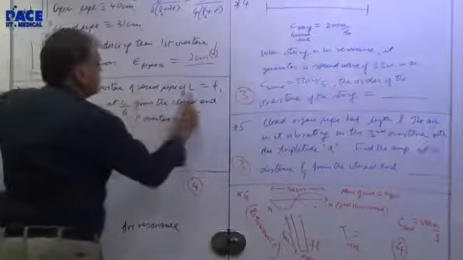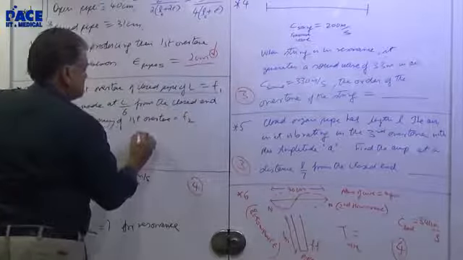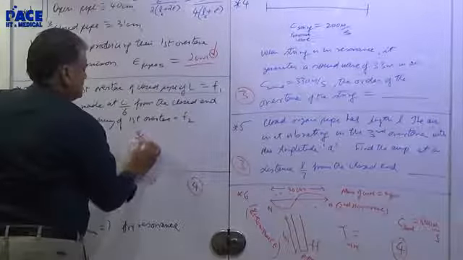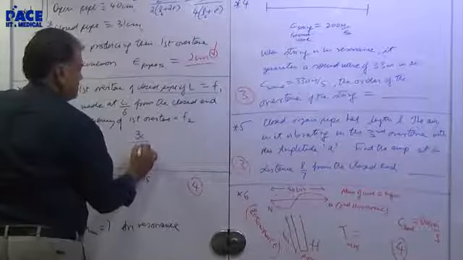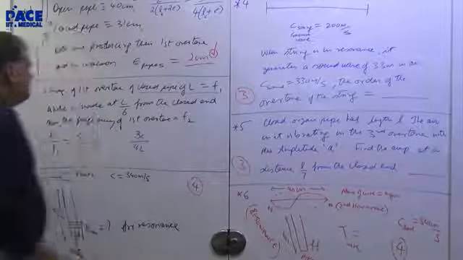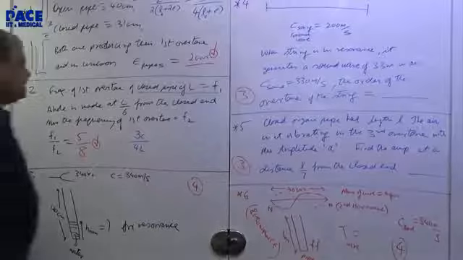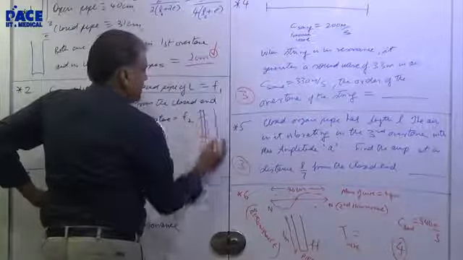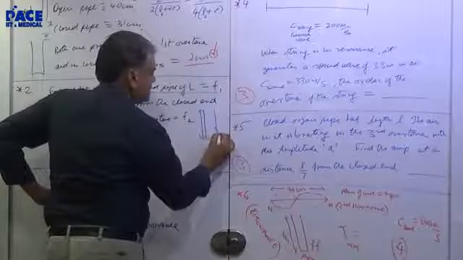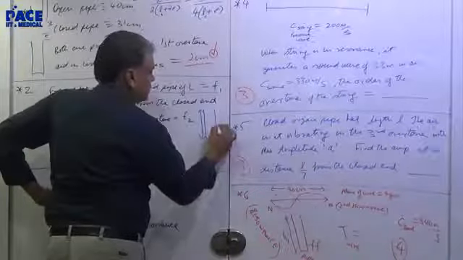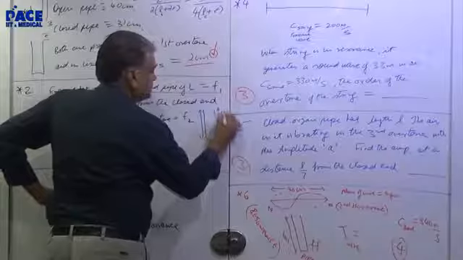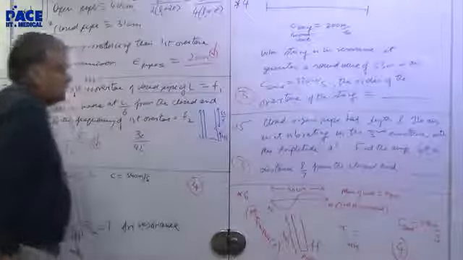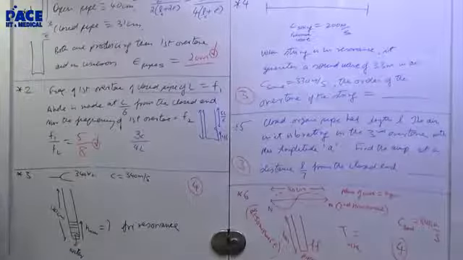The first overtone of a closed pipe is 3C by 4L. And when you make a hole at L by 6 and you make a hole here, what is the length of the pipe now? That will be an open pipe of 5L by 6.